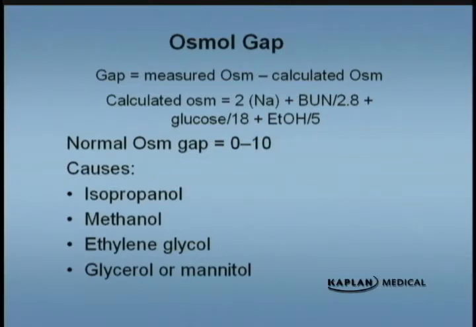These two numbers should be equivalent. If they're not equivalent, there are some unaccounted for osmols in the serum, and those are going to be one of the following substances: isopropyl, methanol, ethylene glycol, and it's usually pretty obvious if the patient has received mannitol. Okay.